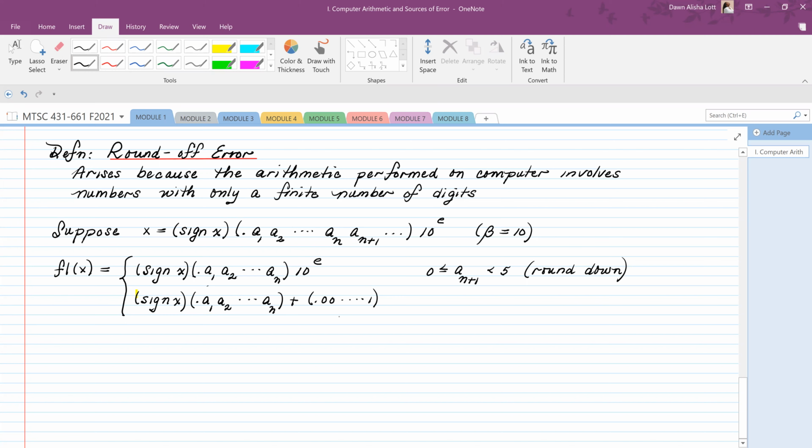And this is 10 to the minus n, a 1 in the nth place. And this is 5 is less than or equal to an plus 1 is up to 10. So this is rounding up.